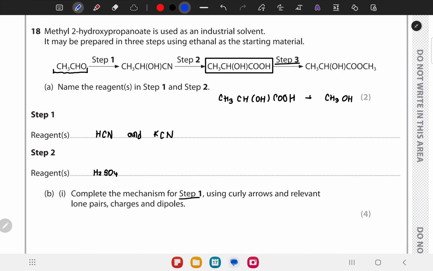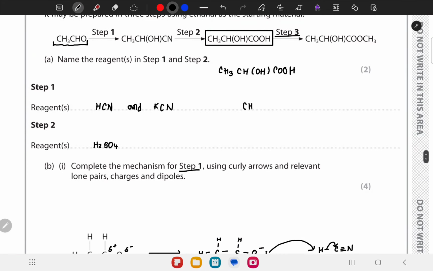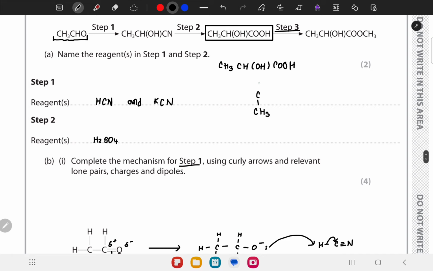for the polymeric compound, CH3CHOHCOOH could react with another molecule of itself, so OHCHCH3COOH.